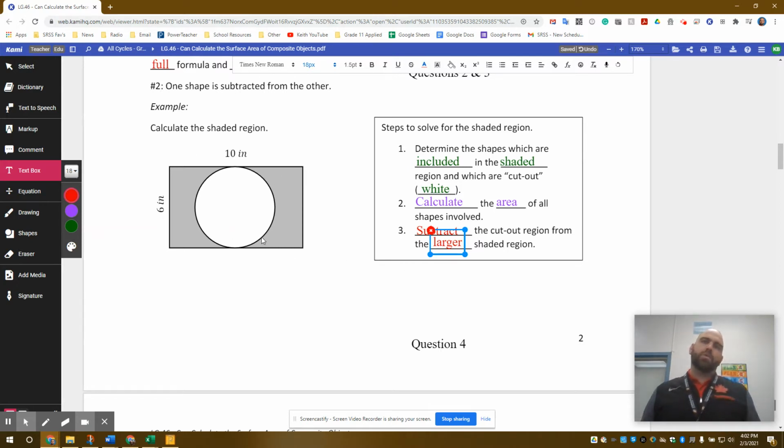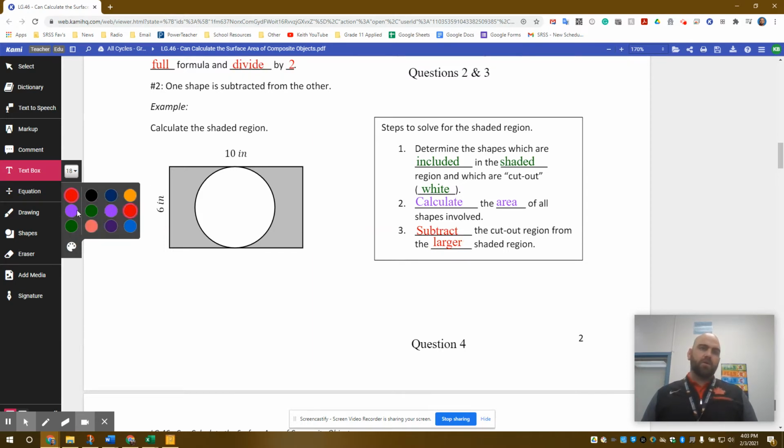In this case, you'll notice that we have two shapes. We have a rectangle, which has been shaded in, and then we have this circle, which has been placed inside and is white. So we're going to take the large rectangle, find the area of that, and subtract the area of the circle that is on the inside here.